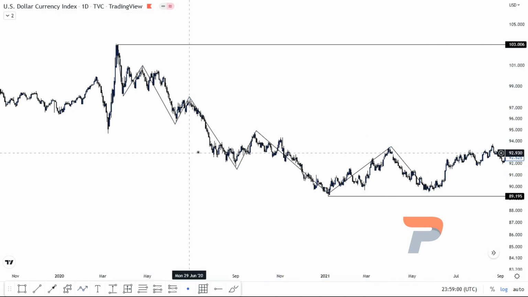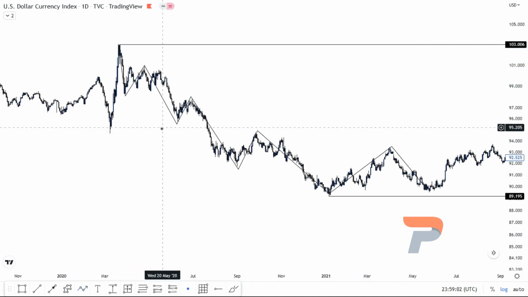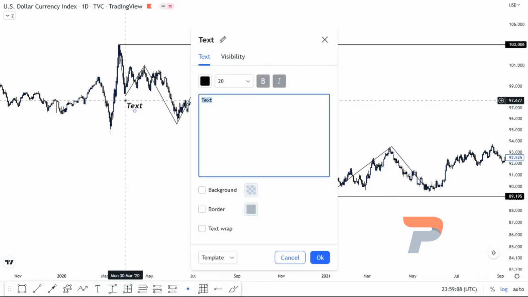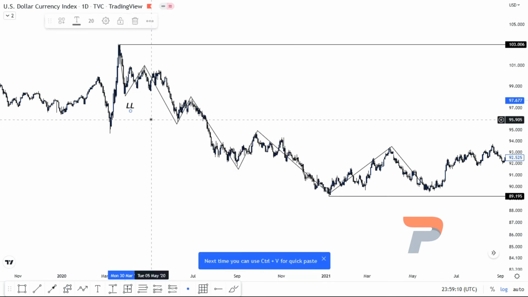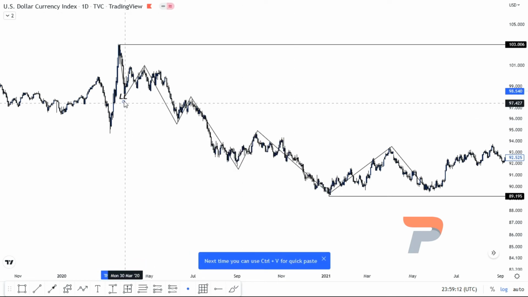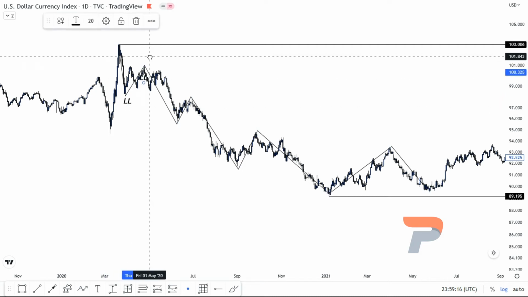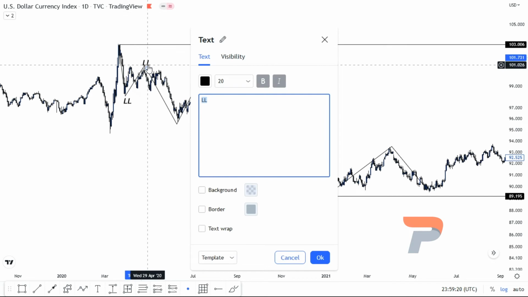Okay, good. Let me just take it here. Now, how was it formed? So we had our lower low here, our lower low, good. And then, so we have our first lower low here. Then we had our what? Our lower high here, our lower high.